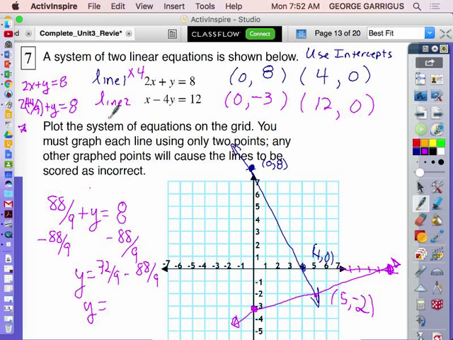Y is going to equal negative 16 over 9. So this is a pretty difficult location making the equation true. So write it as an ordered pair and you have your solution.